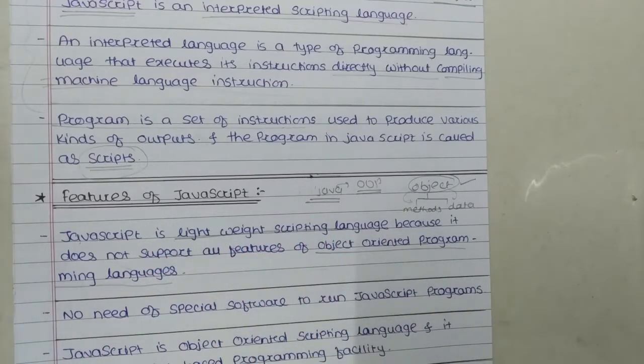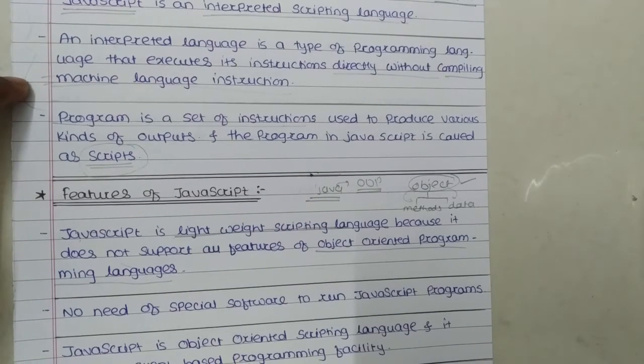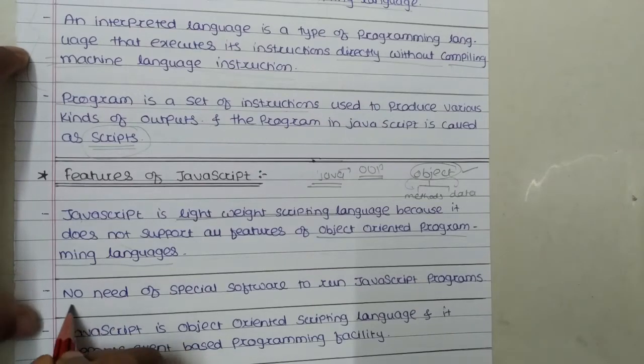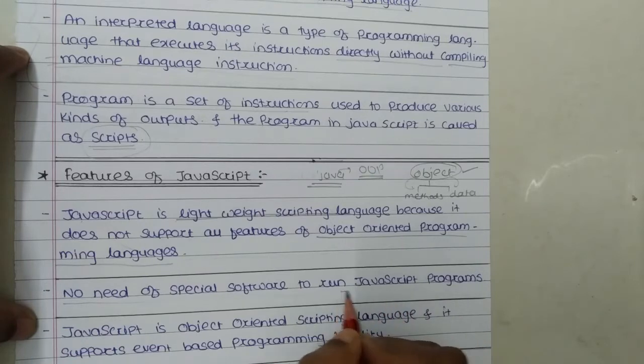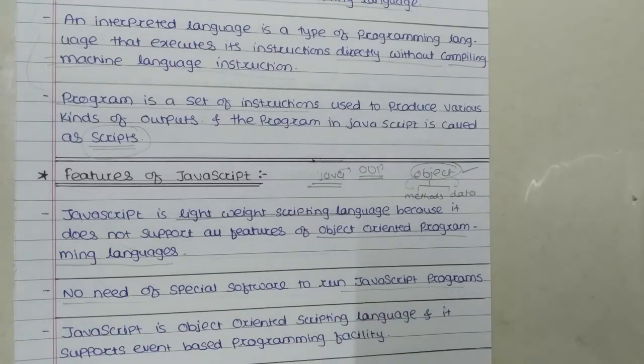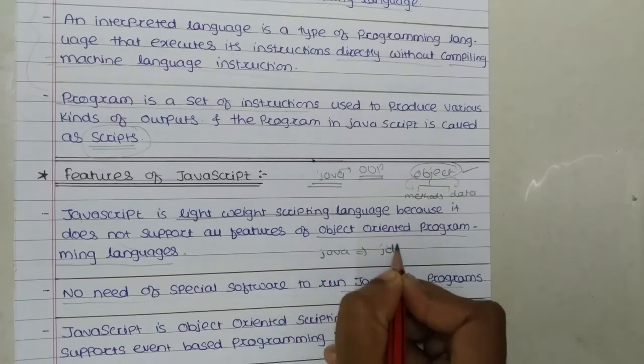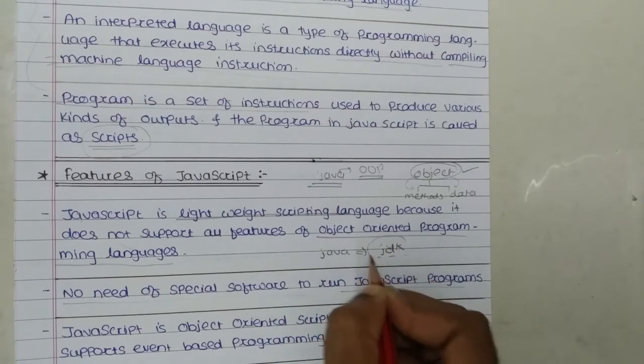Clear? Now the next one is that there is no need for special software to run a JavaScript program. When we execute a JavaScript program, we do not need to install any software. Like when we execute a C program, we need Turbo C as the platform, or when we execute a Java program, we need the JDK, the Java Development Kit.